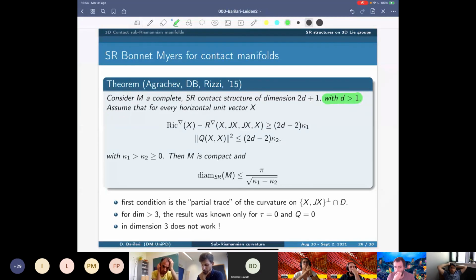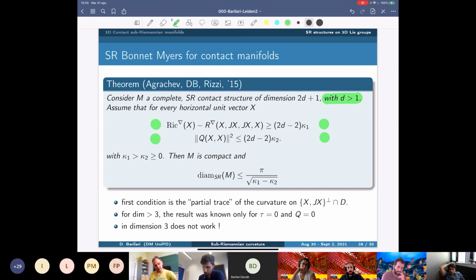If you have a complete sub-Riemannian contact structure of dimension 2d plus 1, and we have these two assumptions: the first one is on the Ricci, a partial trace of the curvature, bigger or equal than 2d minus 2 K1, and the second one is an upper bound on the Tanno tensor.